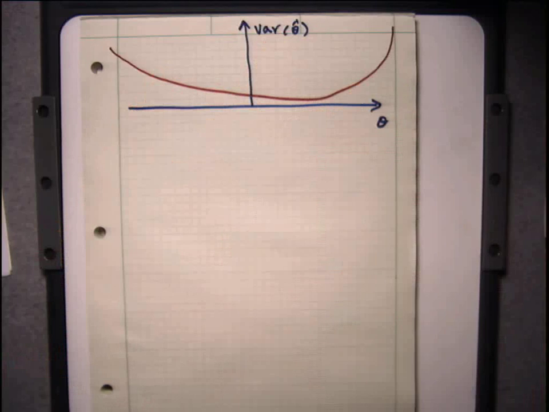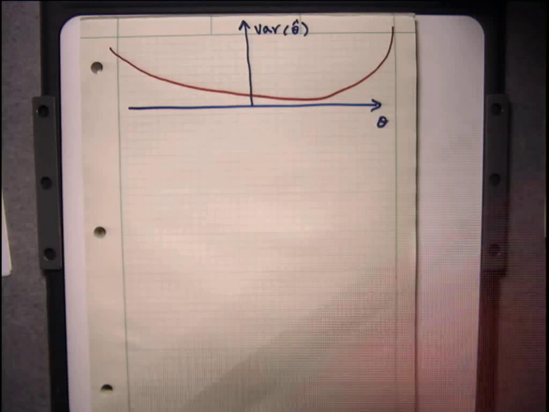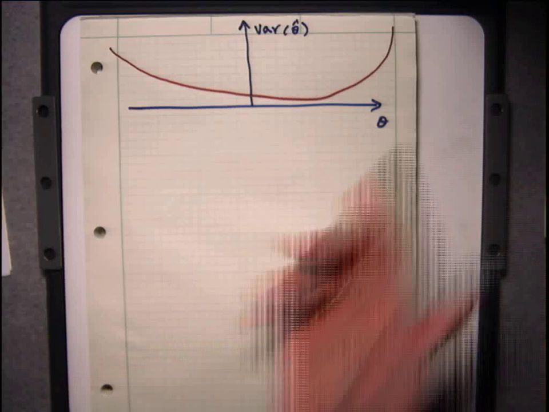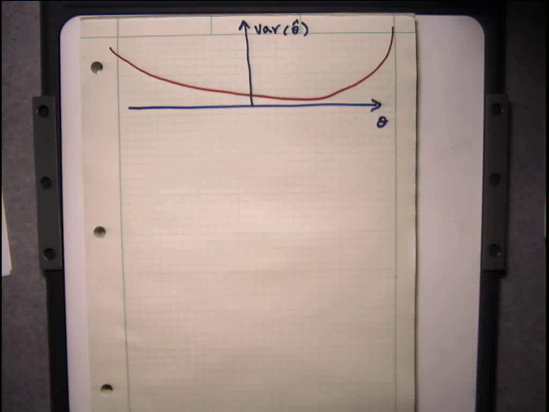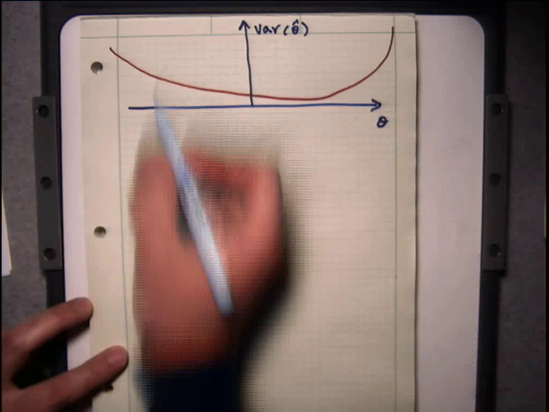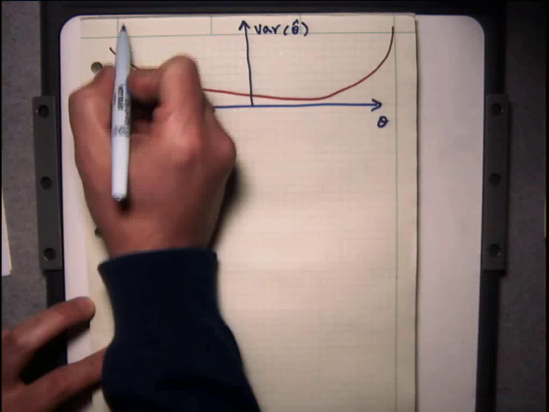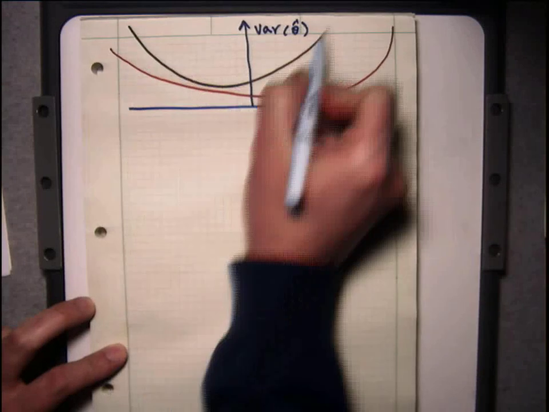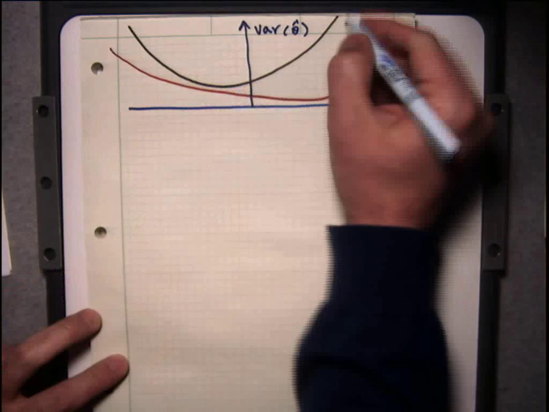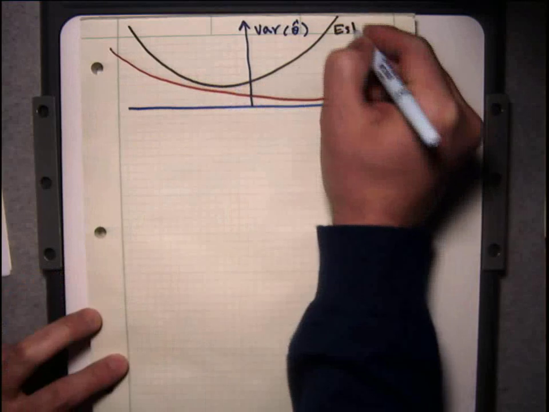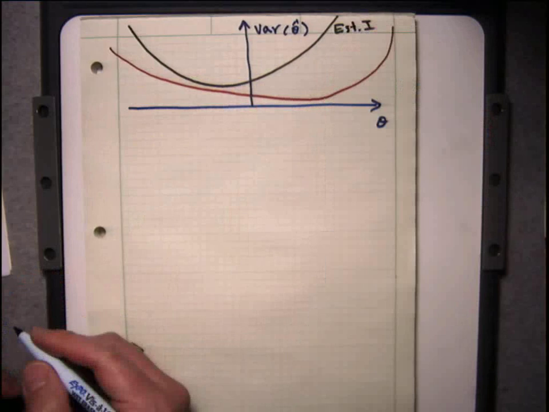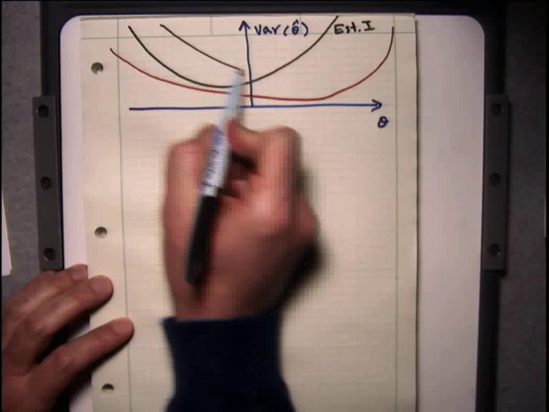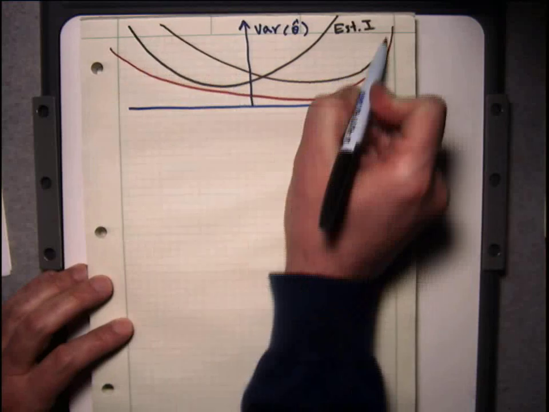Now, if you pick a particular estimator, compute its variance, and plot it as a function of different values of the underlying parameter, you're going to get different looking curves. For instance, you might get one estimator that has a variance that looks like this. Okay, so this might be estimator 1. You might have another estimator that behaves completely differently. Maybe it goes like this and it does that.